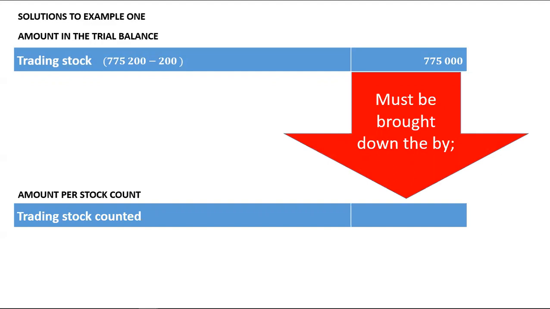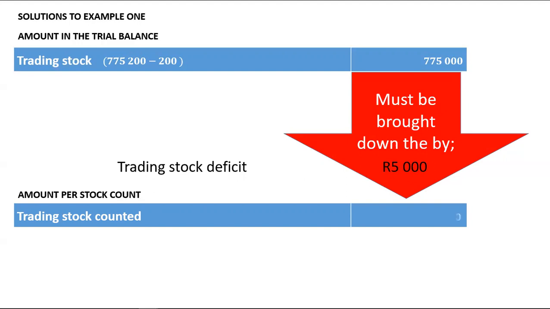Remember, I said the correct trading stock value will be the trading stock value as per the stock count. So that 775,000 needs to go down. And I said when it goes down, that downward difference, or the difference between the two values, will be regarded as trading stock deficit, because what we have in our books needs to be brought down to what we have in the warehouse, which is 770,000.